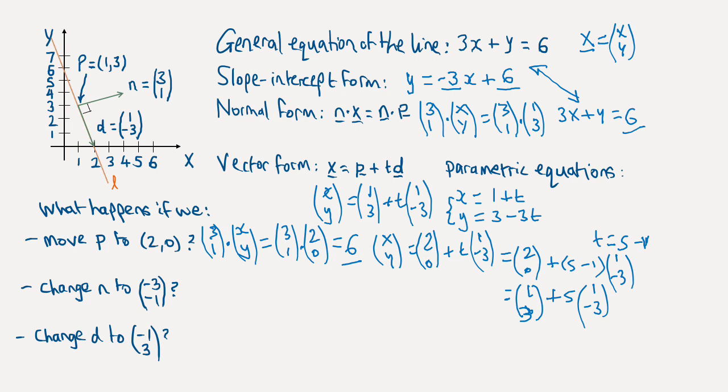So in this case, let's look at the normal form of the equation. This time I've got (-3, -1) dot product (x, y) equals (-3, -1) dot product, and let's move back to having P at (1, 3).